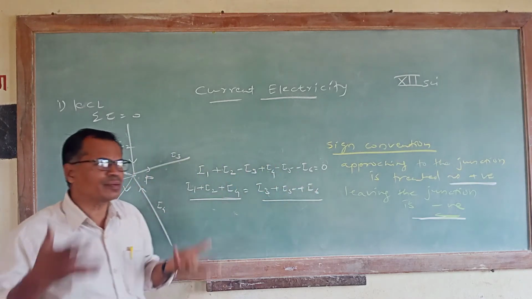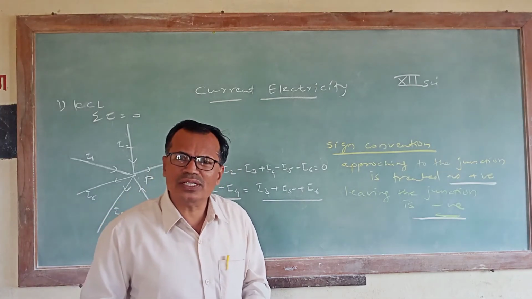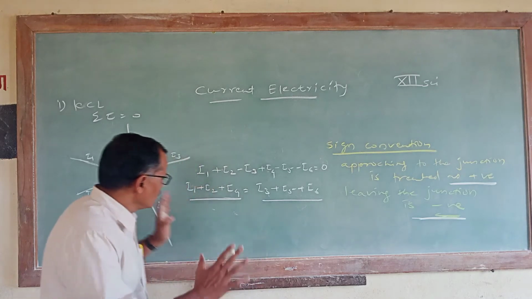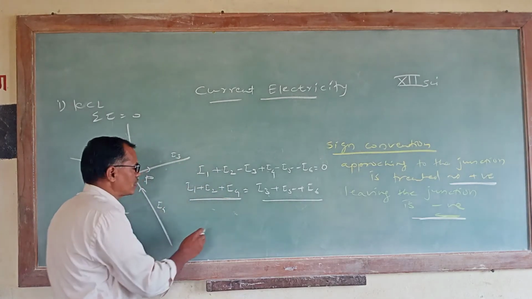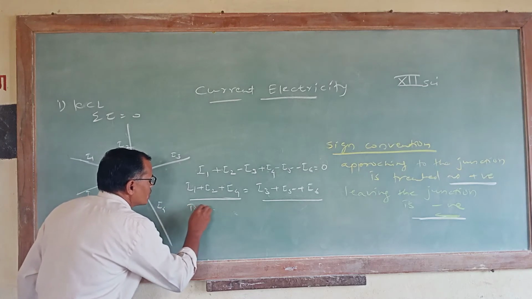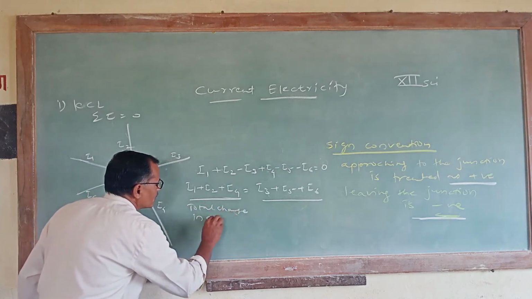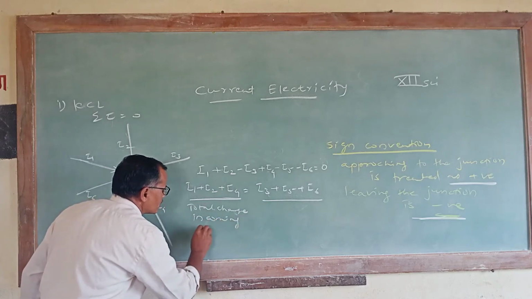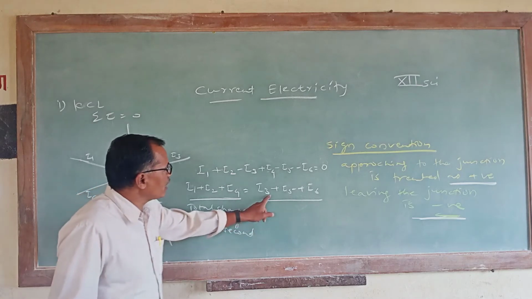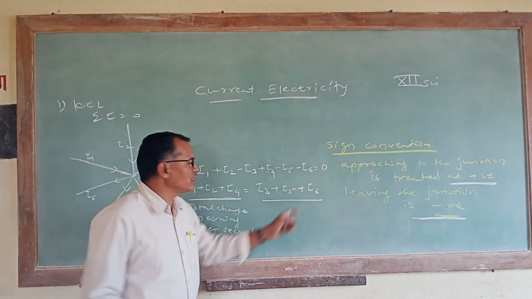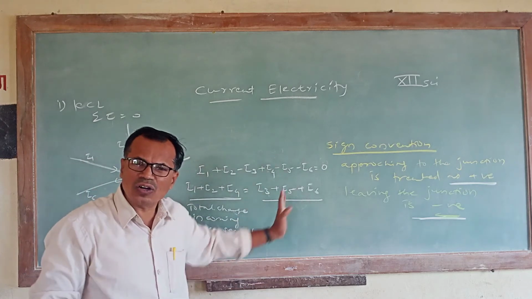Now again, what is the current? Current means the rate of flow of charge. So you can say that this is the total charge incoming to the junction per second. And I3 plus I5 plus I6 means it is the total charge outgoing per second. It is the outgoing current.